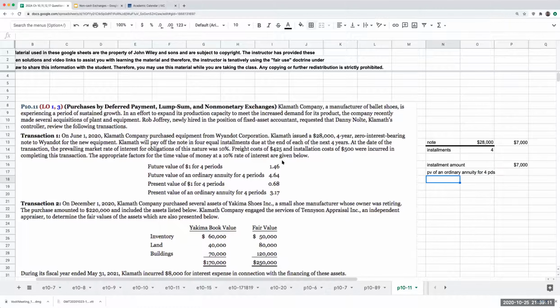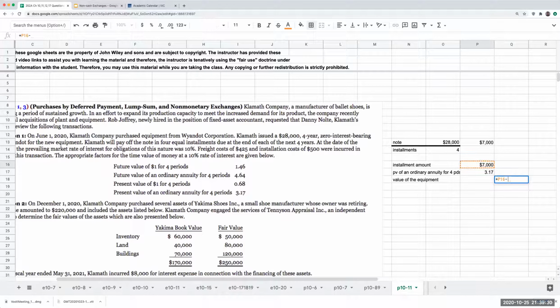It's not present value of $1, it's of an ordinary annuity of $1, because there are 4 payments of $7,000 each. So the value of the equipment is 7,000 times 3.17, or 22,190.